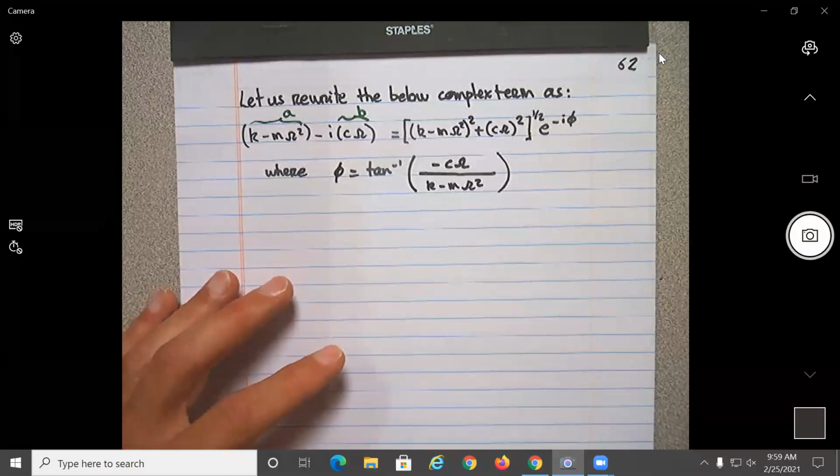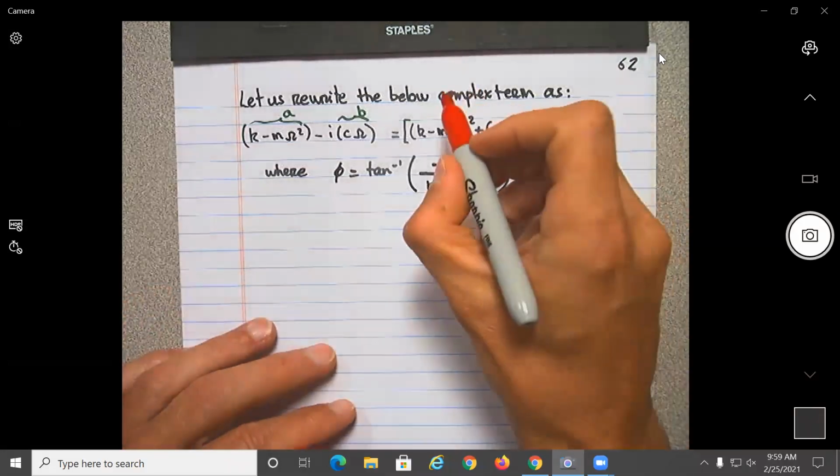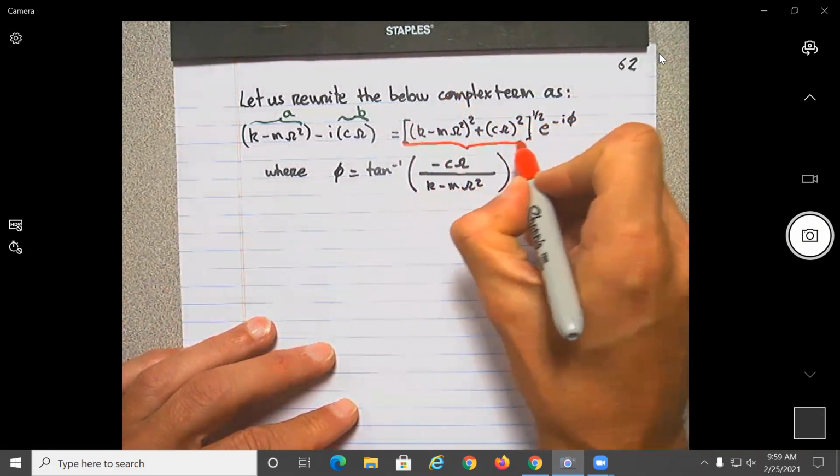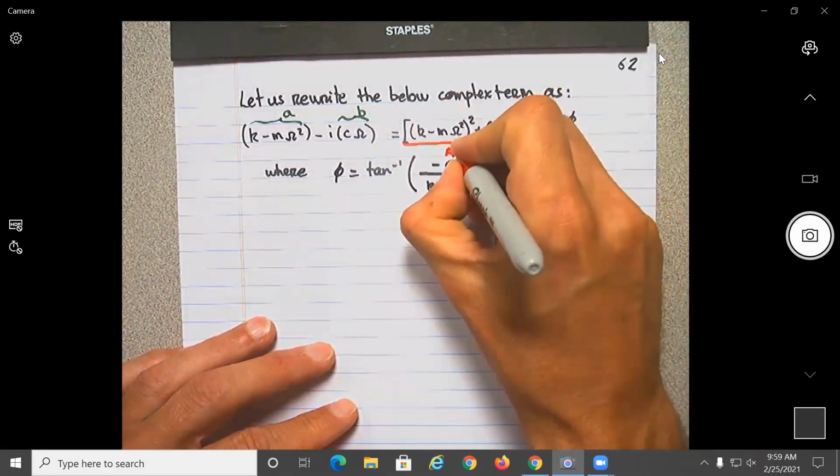All right, so this term over here, basically we know that it is the amplitude.